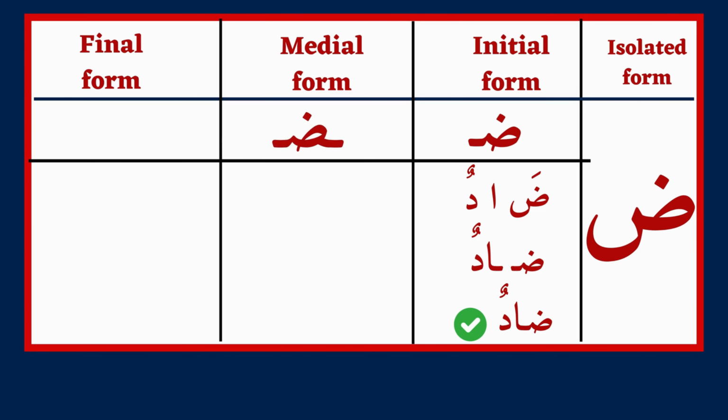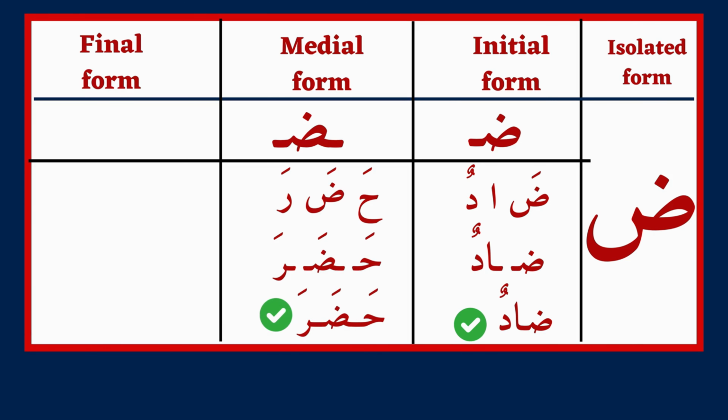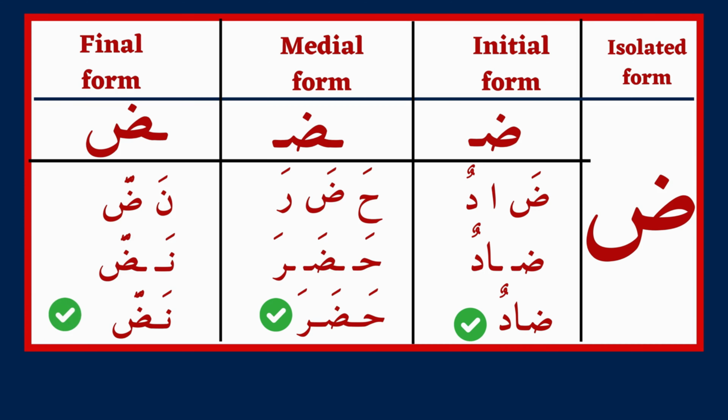In the middle of a word, the letter is written this way. This signifies its acceptance to allow another letter to join it. When thod closes a word, it is written this way to signify it's the last letter of the word.